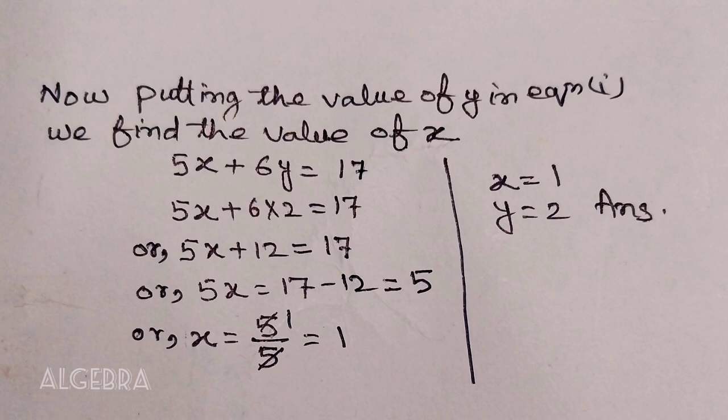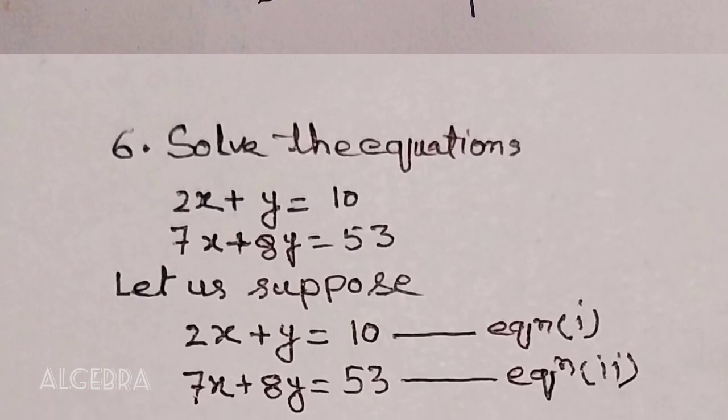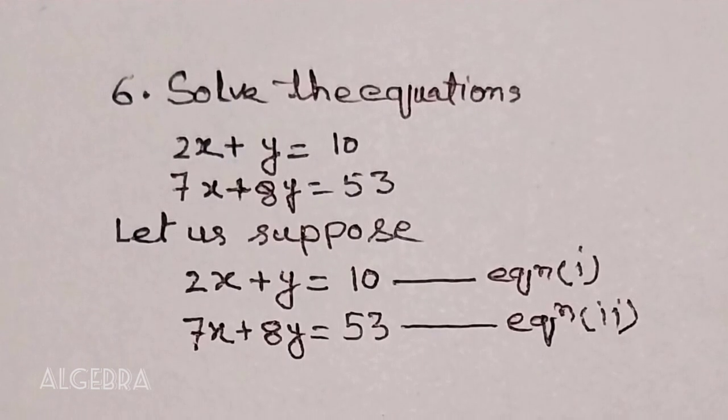So x is equal to 1 and y is equal to 2. Answer. 6. Solve the equations 2x plus y is equal to 10 and 7x plus 8y is equal to 53.